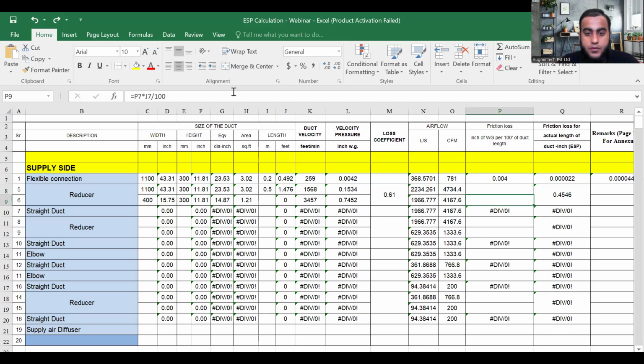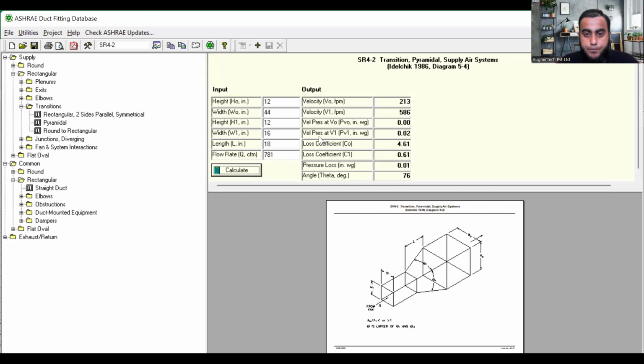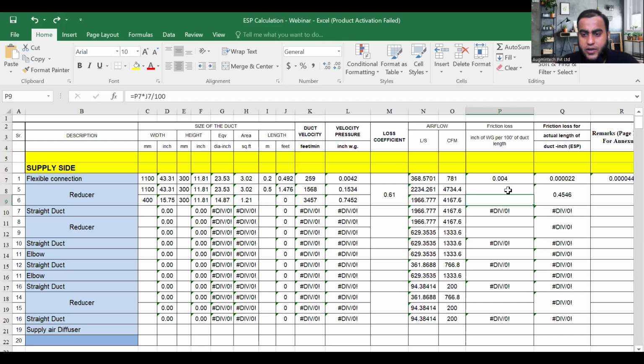Even see here it is showing everything. Velocity pressure at V0 is 0.0 something, and velocity pressure at V1 is this one. So that also you will get easily from here. Even the velocity is also given. So that all, directly also you can write down.